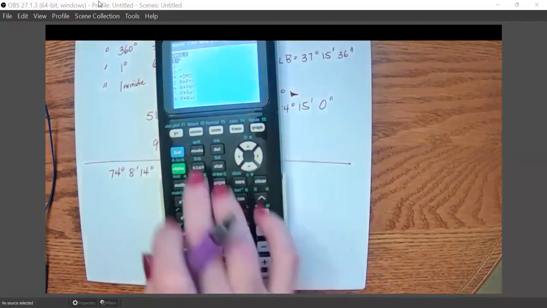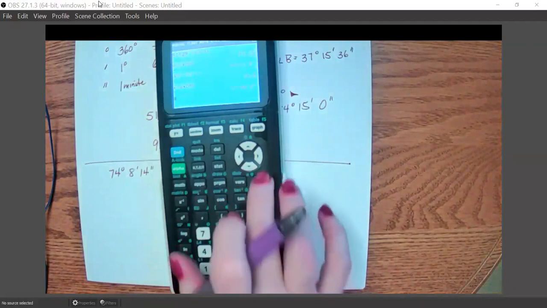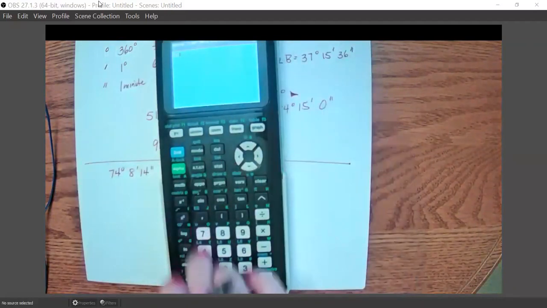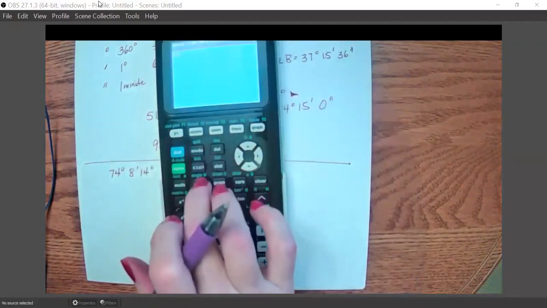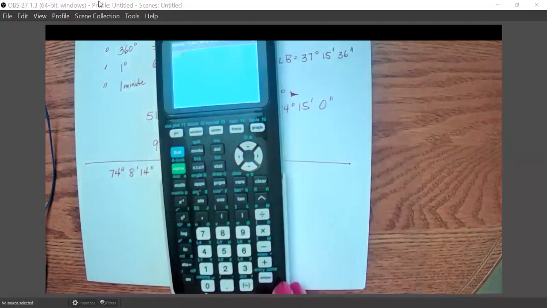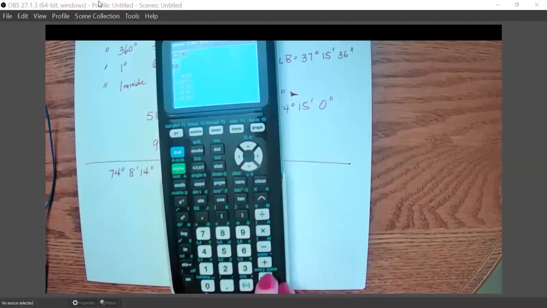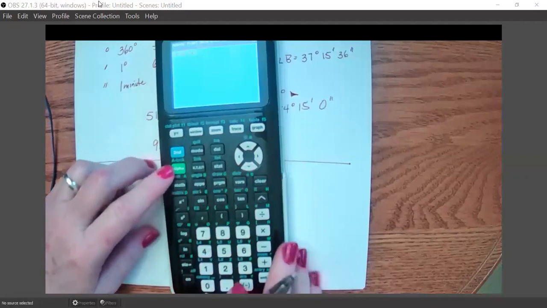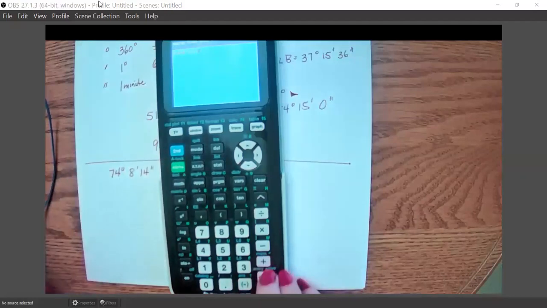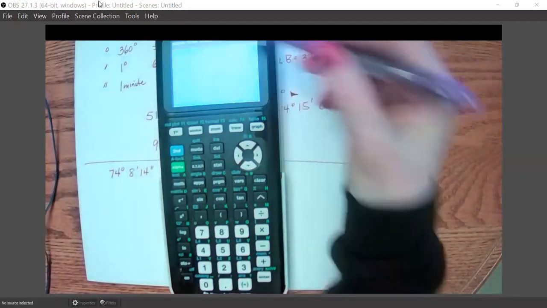So out here, let's clear up the screen. 74 degrees, 8 minutes, 14, and I'm going to pick the alpha key, alpha plus, and now I have the double tick.